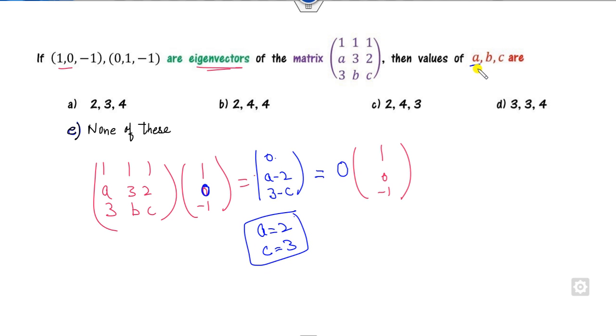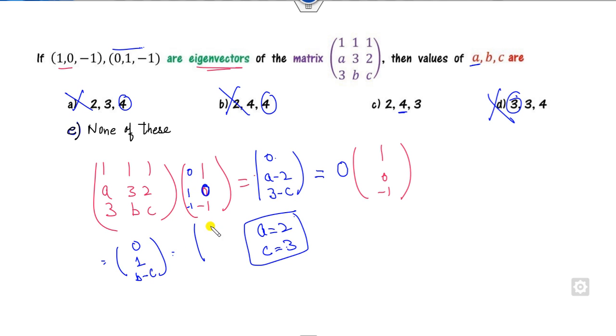So the first answer is A. A = 2 is not cancelled, A = 2 is there. C will be 3. So both options cancel here. Now look at B. I can check for the second pair. Now I can multiply this by (0, 1, -1). So what will happen? 0, 3 minus 2, 1, B minus C. I have to write it in terms of (0, 1, -1).